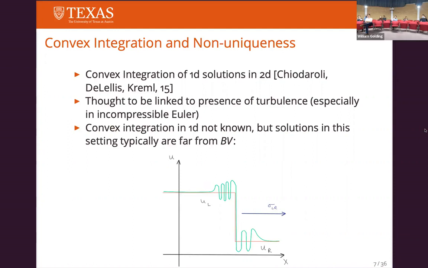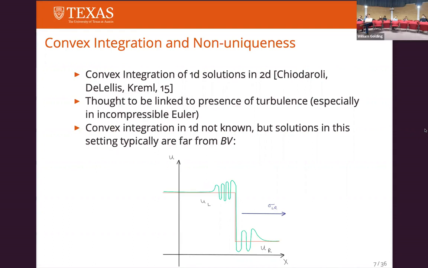But even when you put the convex integrated solutions in 2D and you look at them, they have a typical property. If I have a shock and I try to do this process of convex integration, what typically happens is I get something that looks like this green function. Hopefully you can see it. Basically, in the smooth areas, it looks pretty close to the shock solution.